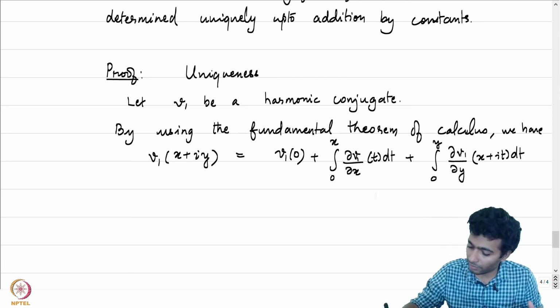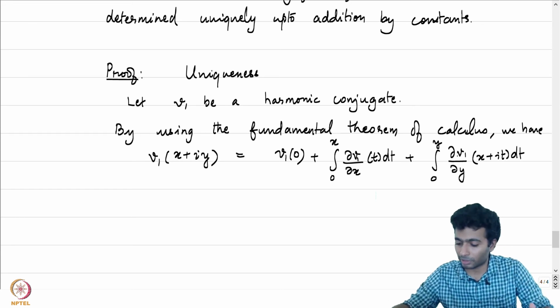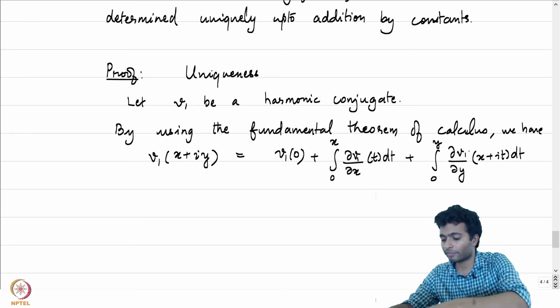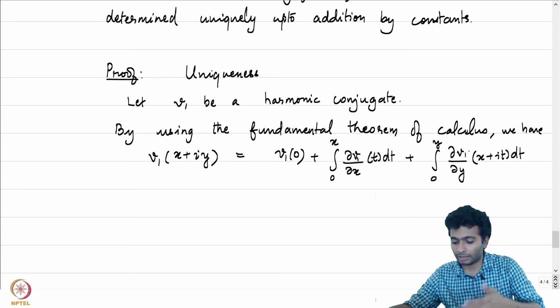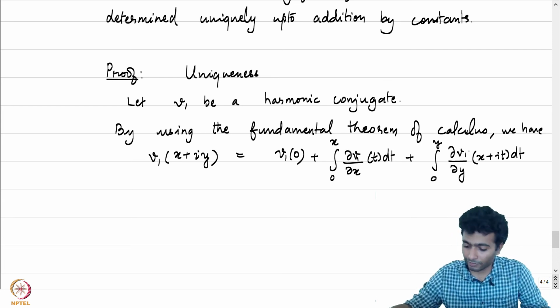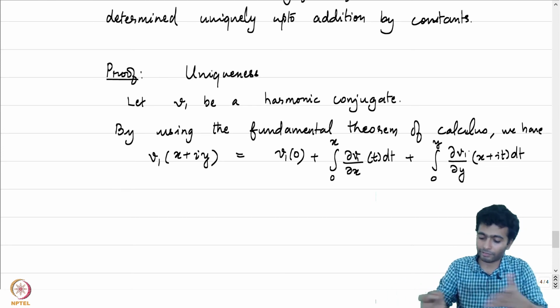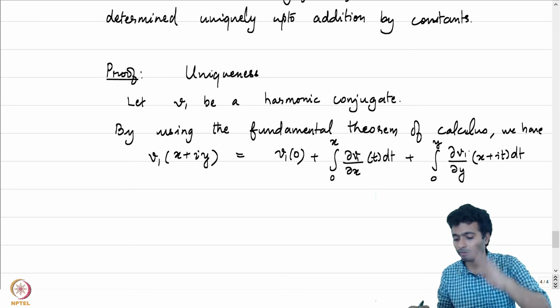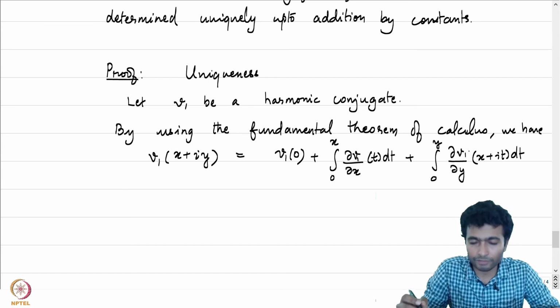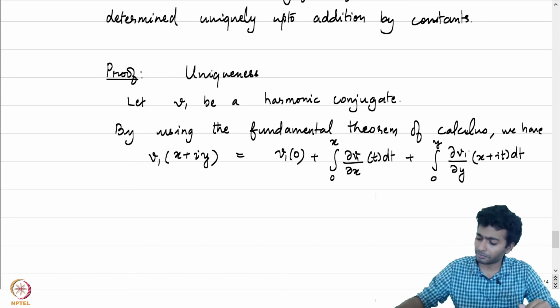This gives us V1 of xy minus V1 of x, and the V1 of x will cancel from V1 of x minus V1 of 0 here, and there will be a V1 of 0. So, what is left is exactly equal to V1 of x plus iy. This is what we get by using the fundamental theorem of calculus.